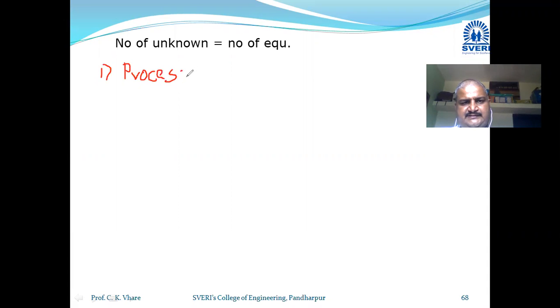Everywhere we will use the formula of the first law of thermodynamics: Q is equal to delta U plus W. Very, very simple formula.